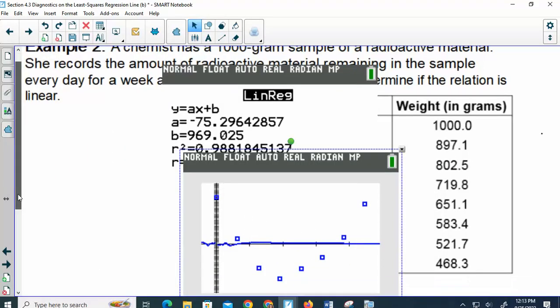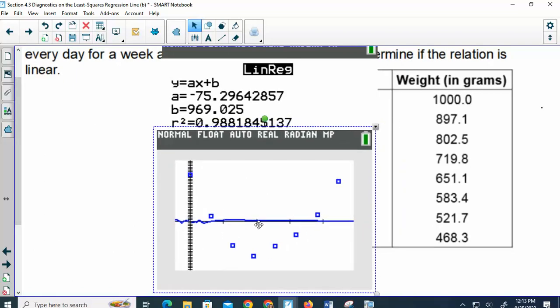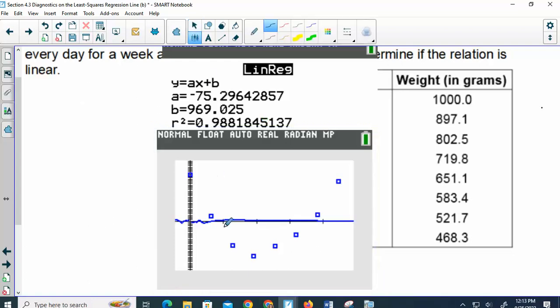I have another line accidentally I didn't delete out on here. So my R was really close to 1, so it's a very linear relationship, but I am seeing a pattern in my residuals. Now that doesn't necessarily mean that it's not linear, but what it means is there's a pattern with what my line does.